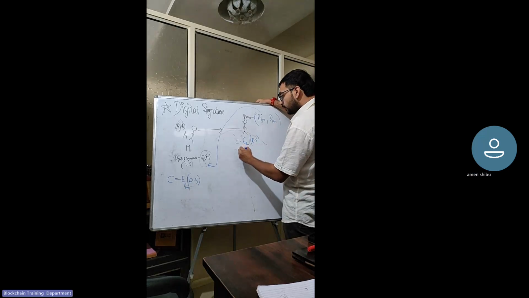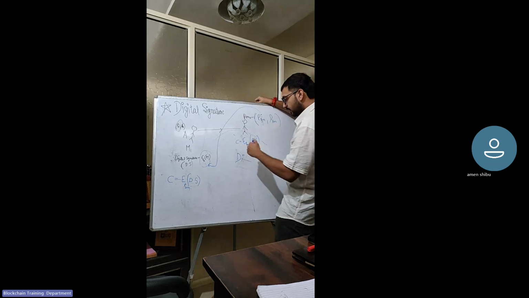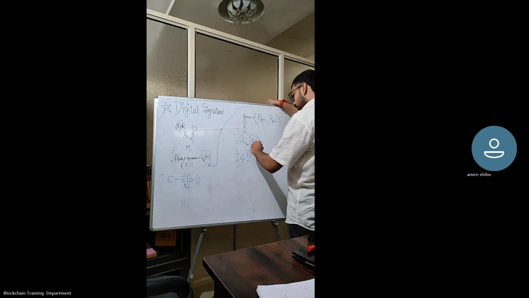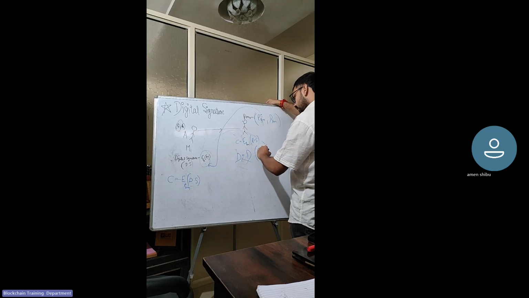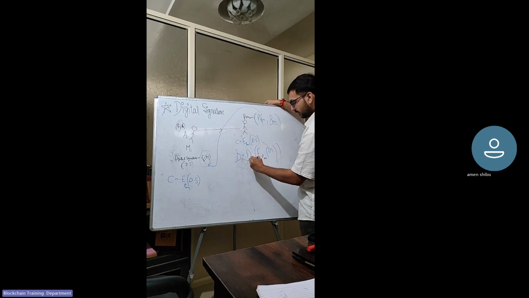Now you will do decryption: decryption of E of P of AM of DS using your private key.